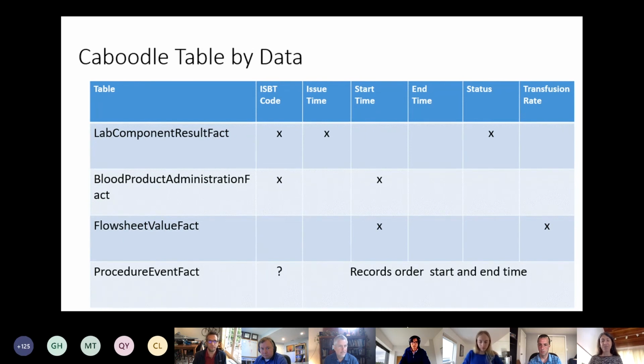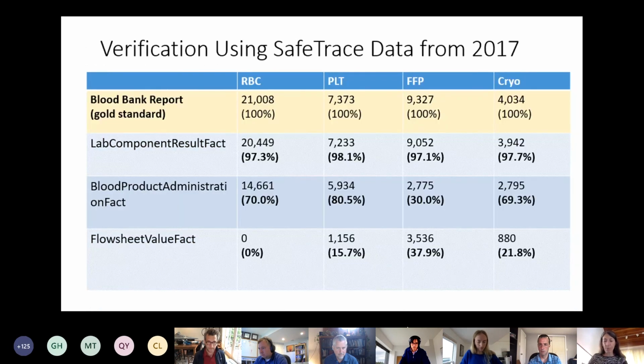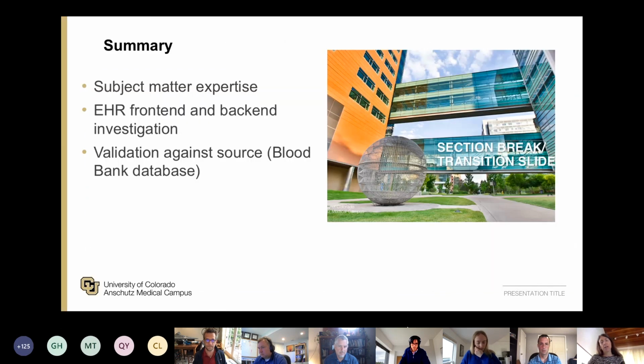When a transfusion starts, there's a human in the room starting it, and they record that start time. When a transfusion ends, there may be no one around until 20 or 30 minutes later, depending on what's going on on the floor. There doesn't need to be a human at the time it ends. The pump is finished, and it can sit there for a while. So we ended up focusing on the issue time, because that was the most comprehensive and complete data that we had.